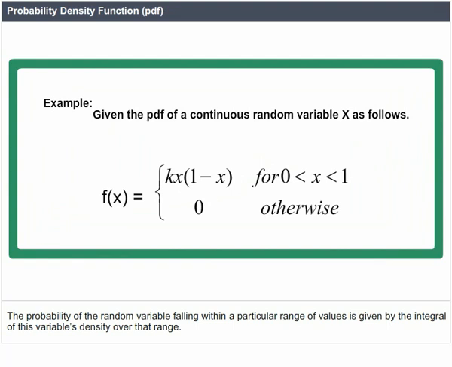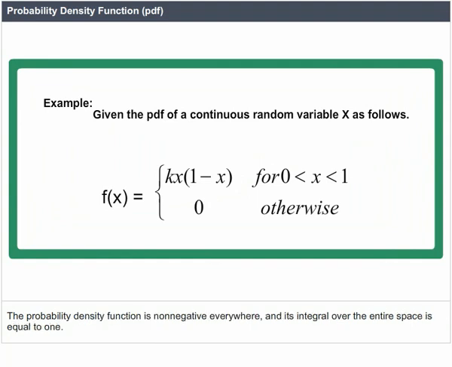Example: given the PDF of a continuous random variable X as follows: f(x) equals kx into (1 minus x) for 0 less than x less than 1, 0 otherwise. The probability density function is non-negative everywhere and its integral over the entire space is equal to 1.